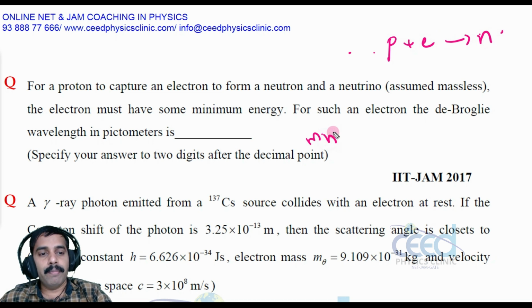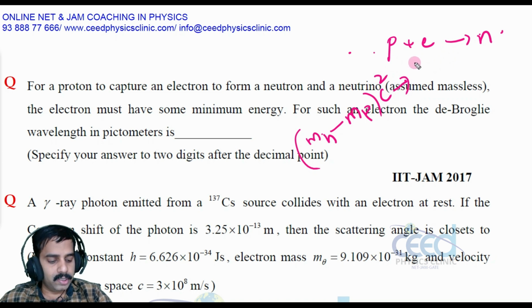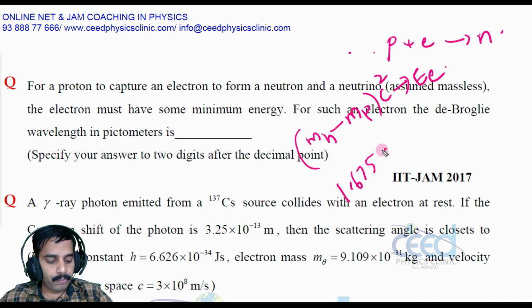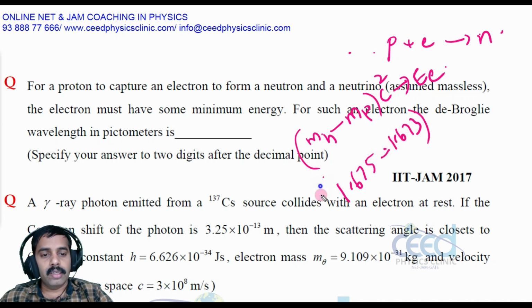So mn minus mp into c square, the mass difference, is converted into the electron's energy. Now the mass of neutron is 1.675 into 10 raised to minus 27 kilogram, and the proton mass is 1.673 into 10 raised to minus 27, into c square, that is 3 into 10 raised to 8 the whole square.